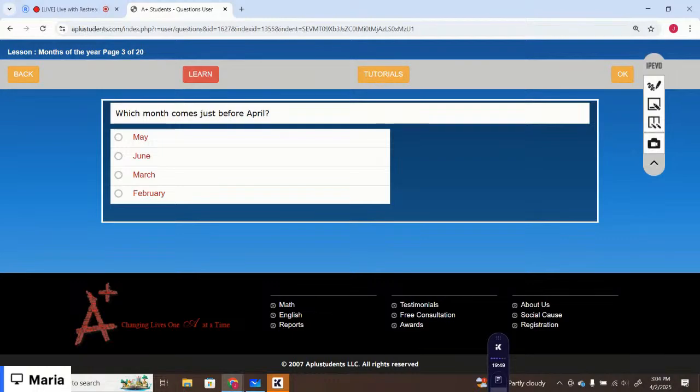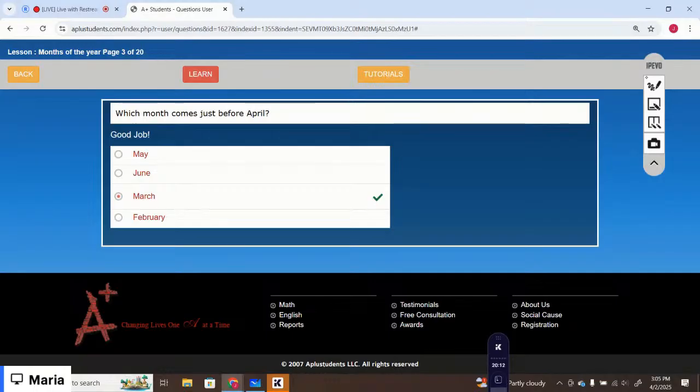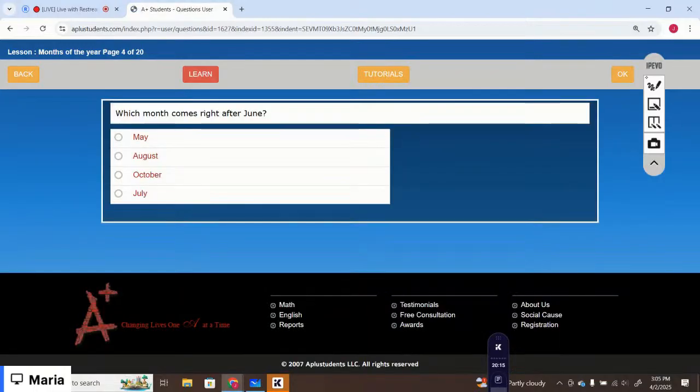Which month comes just before April? Just before April, it is March. The correct option is March. Which month comes right after June?